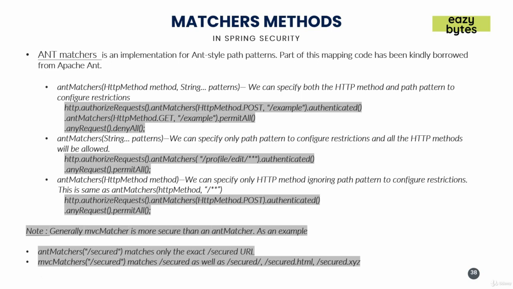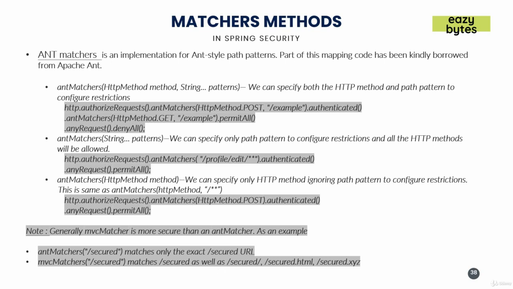If I try to secure the path /secured with Ant matchers, it will only apply whatever authentication configurations I have done for /secured only. Whereas MVC matchers will consider /secured as well as /secured/, /secured.html or any extension.